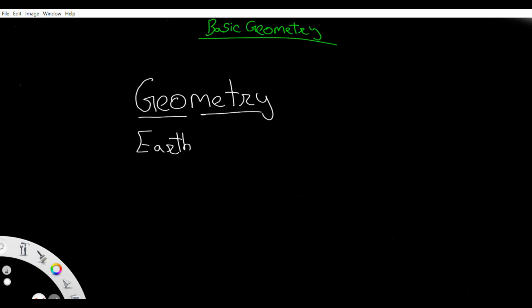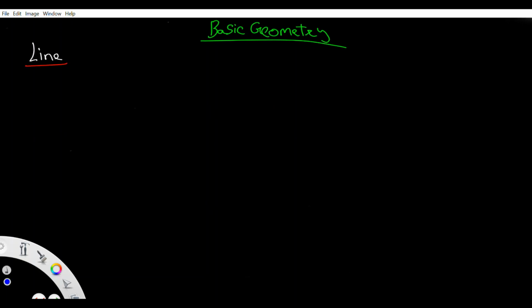And this metry is referring to the measurement. So geometry as itself means the earth's measurement. And this is kind of correct, as geometry really is a study and trying to understand how space and things and shapes that we see are related to each other.